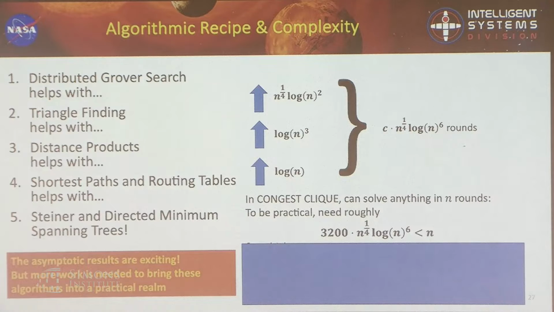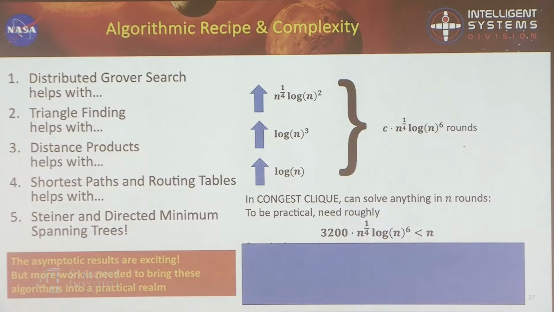And so Philip, the lead, who was an intern and is actually coming to Berkeley next year, and I were all really excited about the n to the 1/4, and then I said, well, this is an asymptotic complexity.